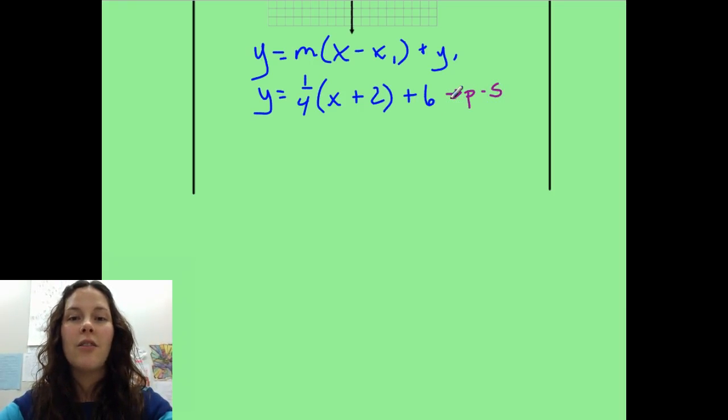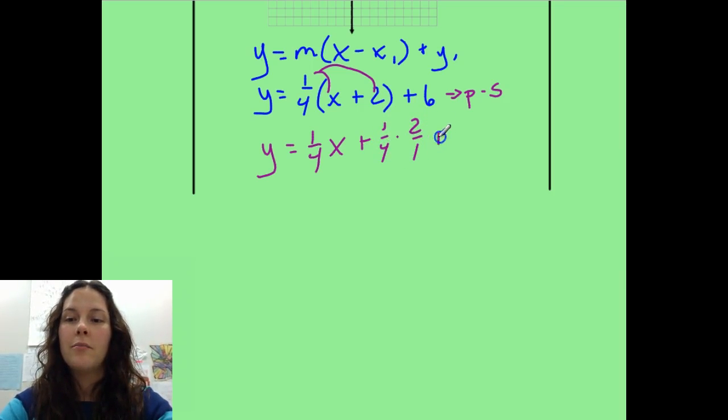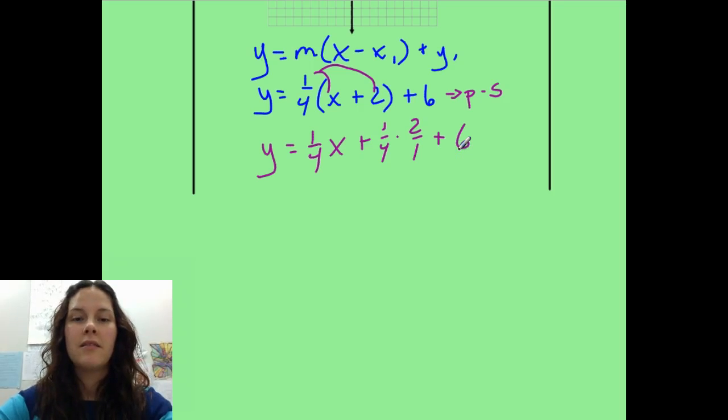Now we're going to solve for y, simplify this expression, and put it into slope-intercept form. So we start by distributing our slope. 1/4 x plus 1/4 times 2 plus 6. We've got y equals 1/4 x.